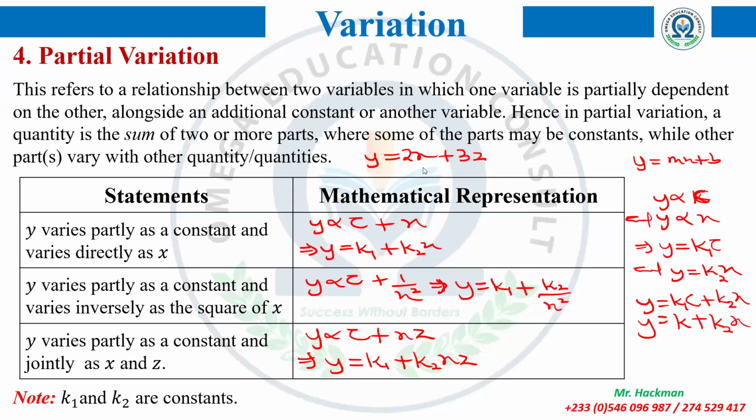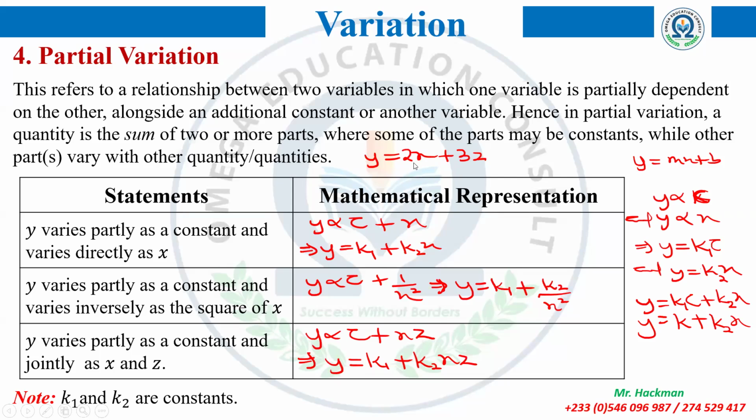Okay. So immediately you see plus, what type of variation are we dealing with? Partial variation. So it means in your statement you should add partly. So it means y varies partly as this and as that.